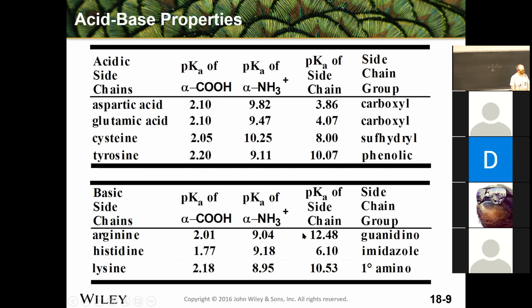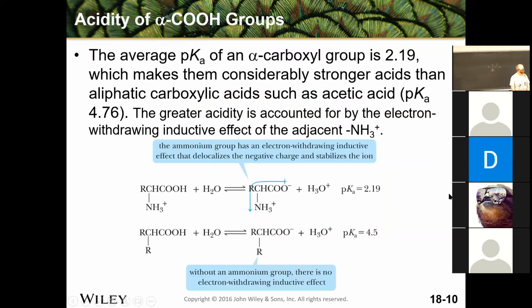Okay, this is some more of the same information. Okay, the average pKa of an alpha carboxyl group is 2.19, which makes them considerably stronger acids than aliphatic carboxylic acids, such as acetic acid. The greater acidity is accounted for by the inductive electron withdrawing effect of the NH3 plus group.